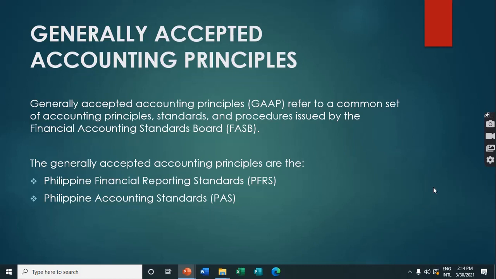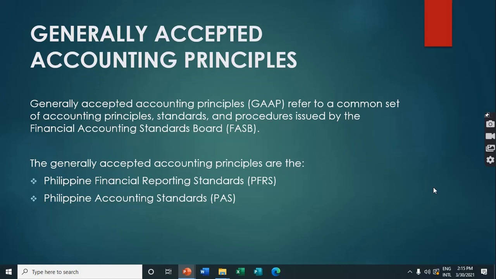So, in the Philippines, the generally accepted accounting principles natin are the Philippine Financial Reporting Standards and the Philippine Accounting Standard or the PAS.